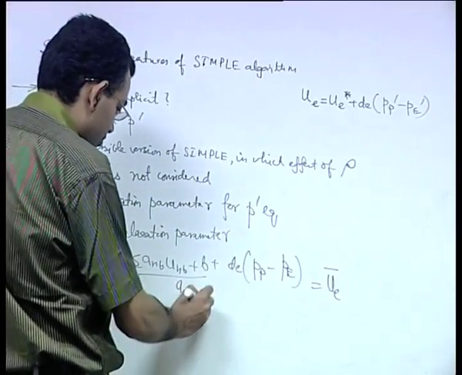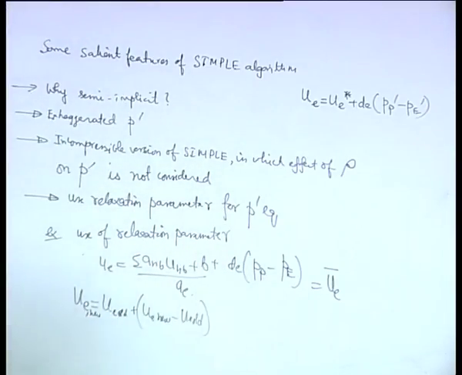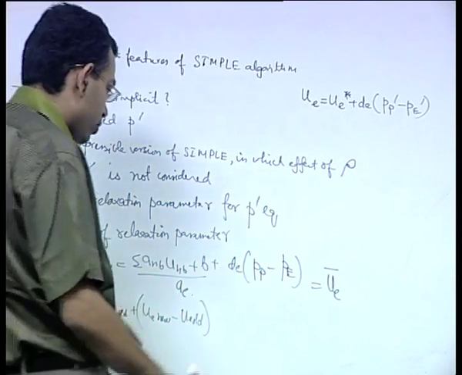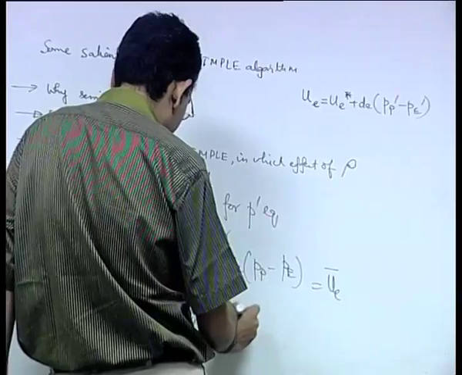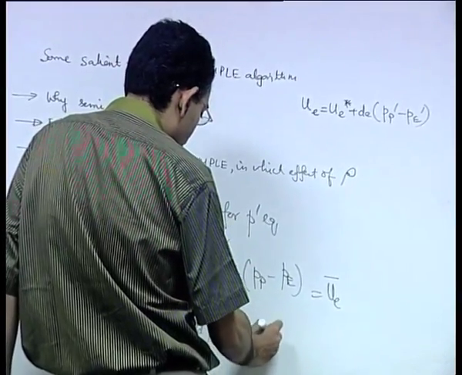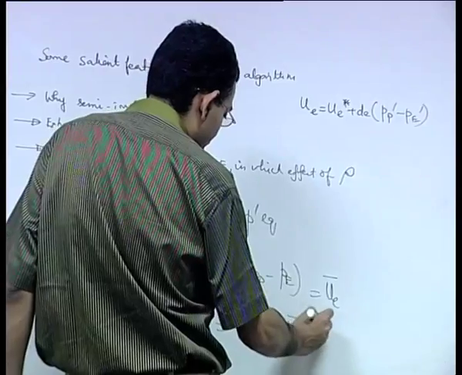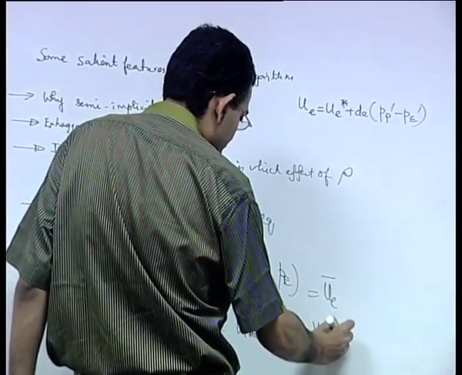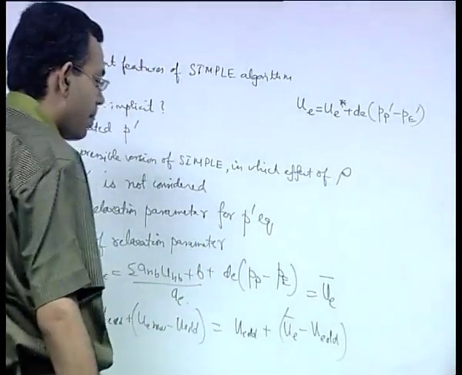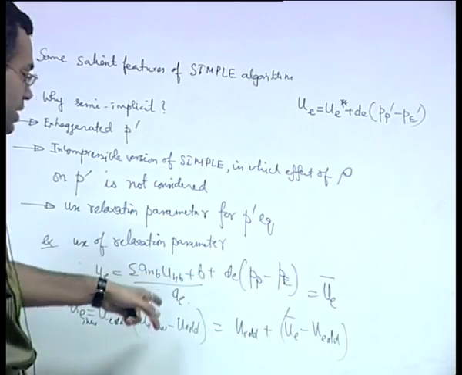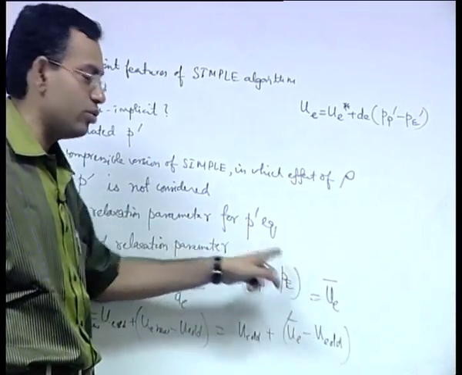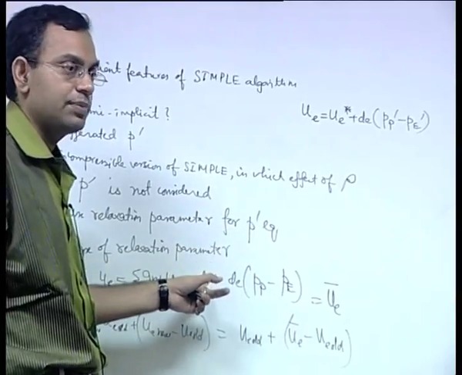So, now in place of uE new, which should be uE bar, we can write this as uE old plus uE bar minus uE old, just a different name. So, this is the same equation, just in place of uE new we have put uE bar to explicitly mention the expression.